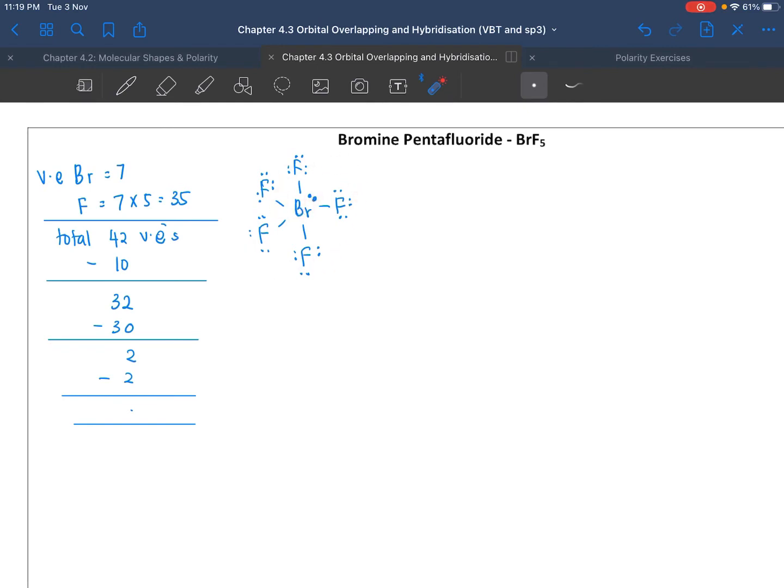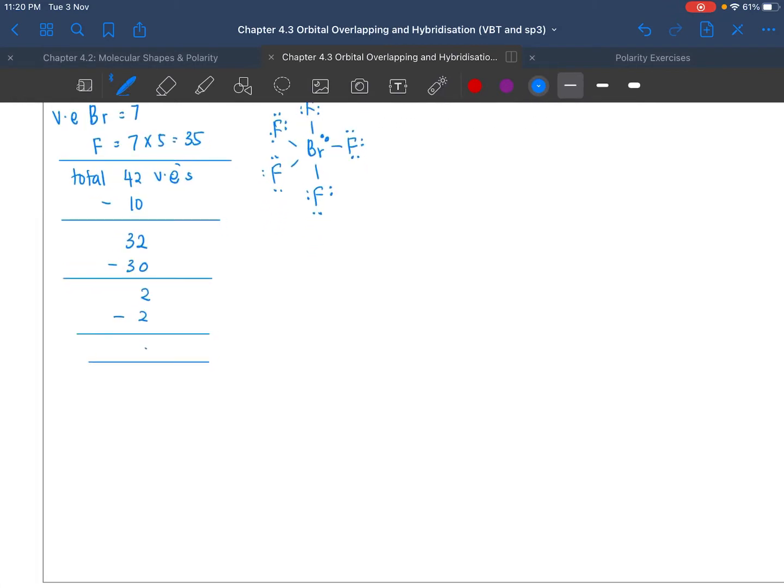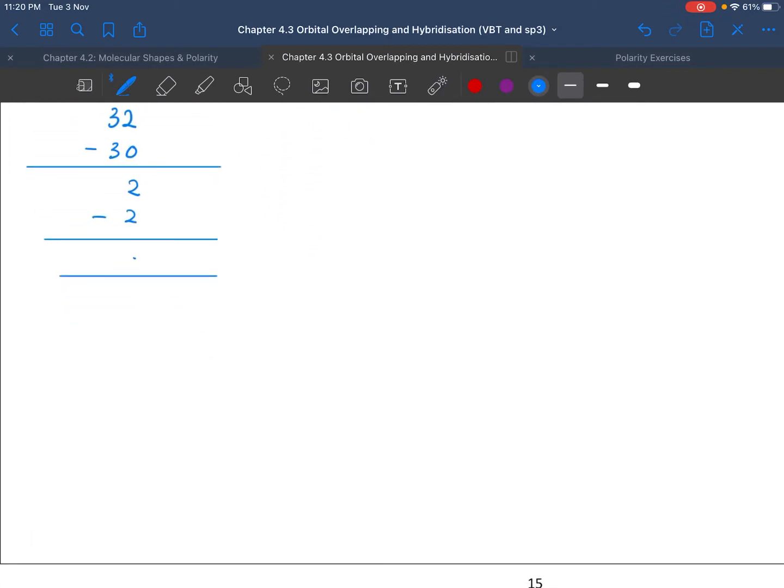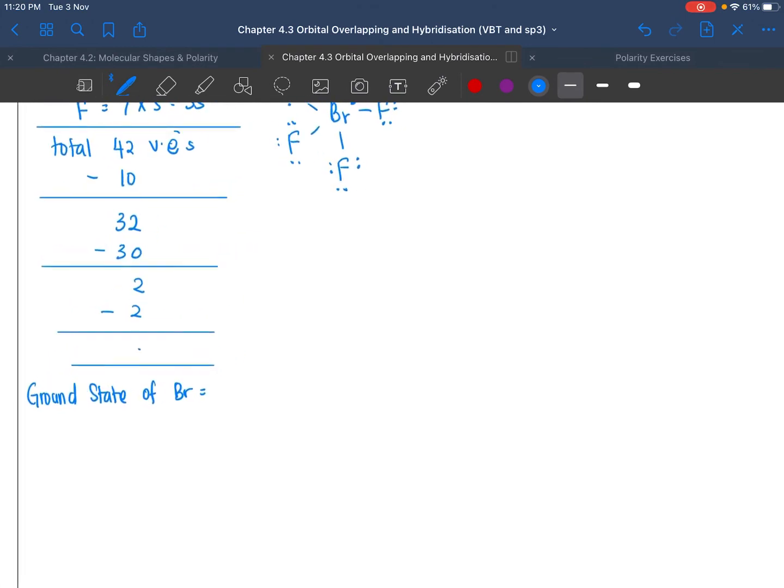Okay, so next kita nak determine ground state, hybridized state, semua untuk bromine, sorry. Okay, so ground state for bromine. Kita guna bawah ni. So ground state of Br. Okay, so kita tulis dulu electronic configuration for bromine. Dia ada 35 proton, 35 electron.